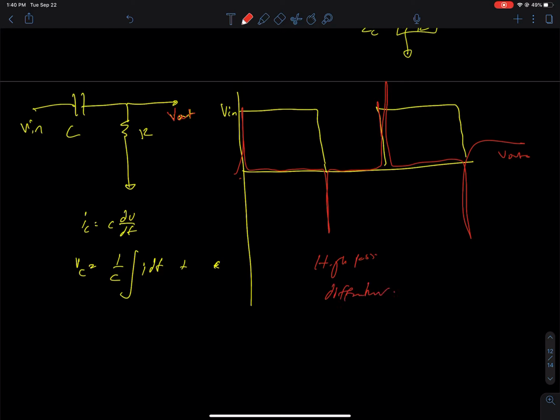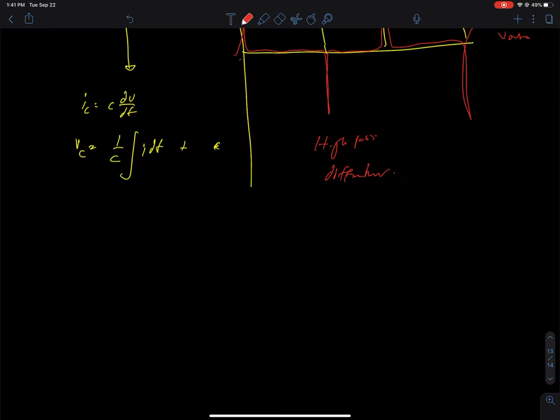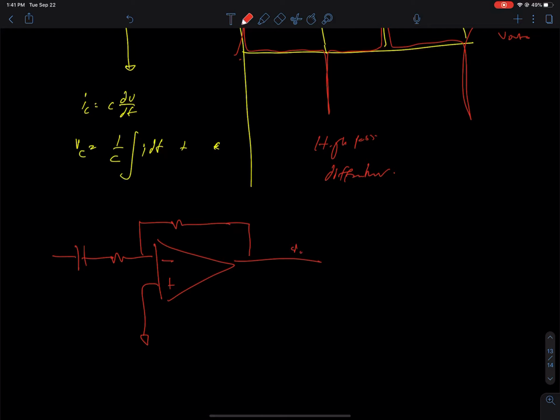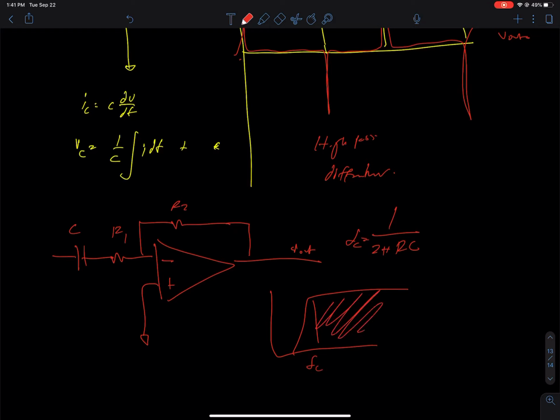So if we want to make this an op amp form, it's going to look like this. And it's going to have the same passband equations as the low pass filter, except it's going to be a high pass.